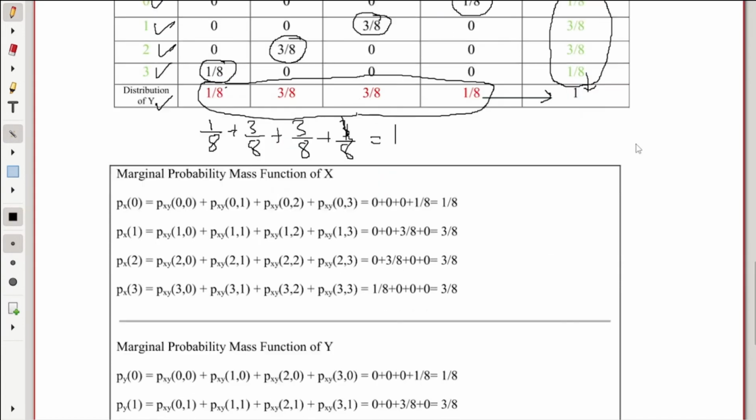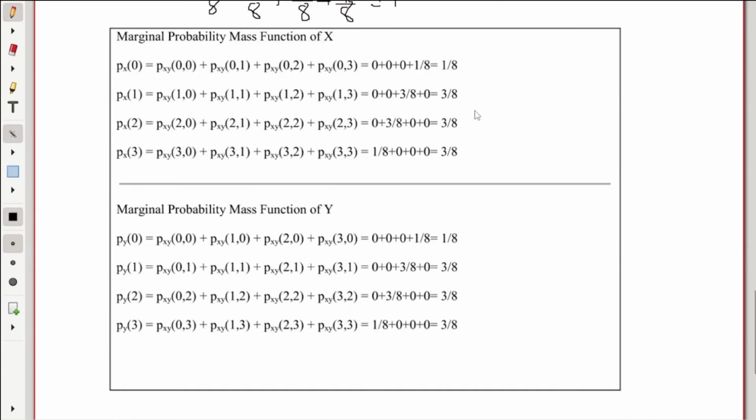Now let us see the marginal probability mass function of X. P_X(0) I am calculating in terms of X and Y, p_XY. So for P_X(0), X is always 0, and Y will vary from 0 to 1, 1 to 2, 2 to 3.